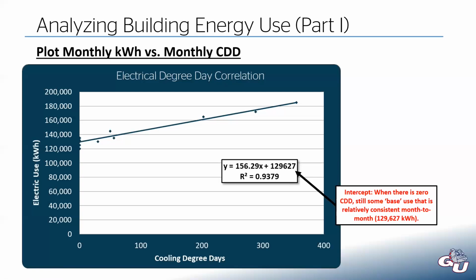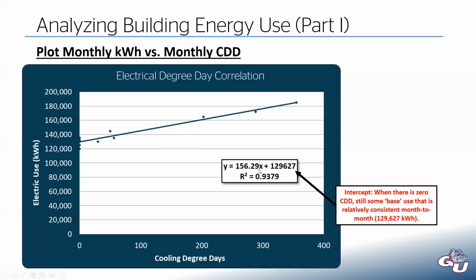When there's 0 cooling degree days, we still have some amount of use in that building. And so if you look at the chart, that 129,000 correlates to right there, because that's your intercept. So regardless of cooling degree days, you're using that amount.